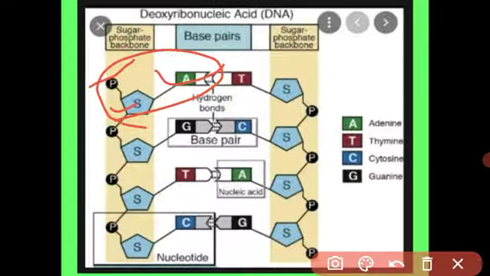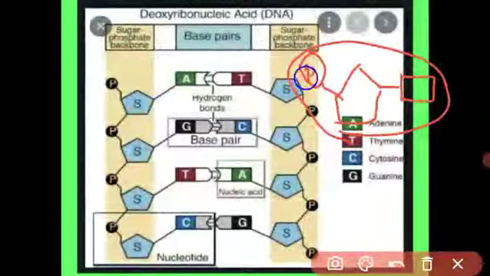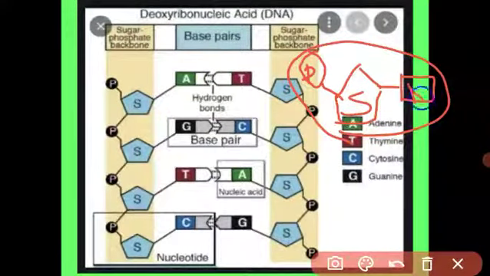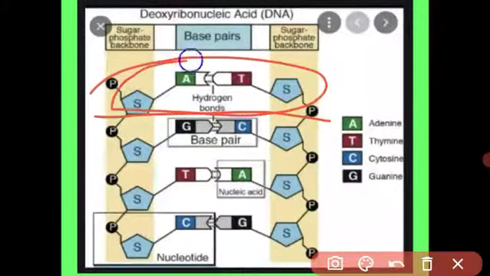See, I will draw again. This is a phosphate group. The phosphate group is attached to the sugar molecule, and the sugar molecule is attached to the nitrogenous base. This is called a nucleotide.